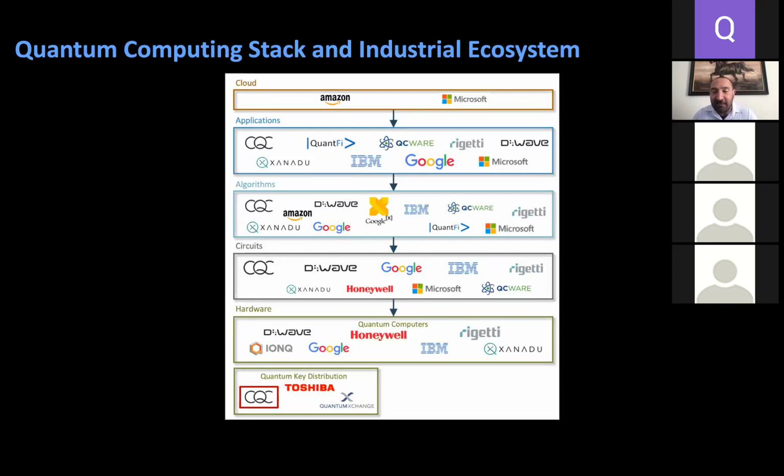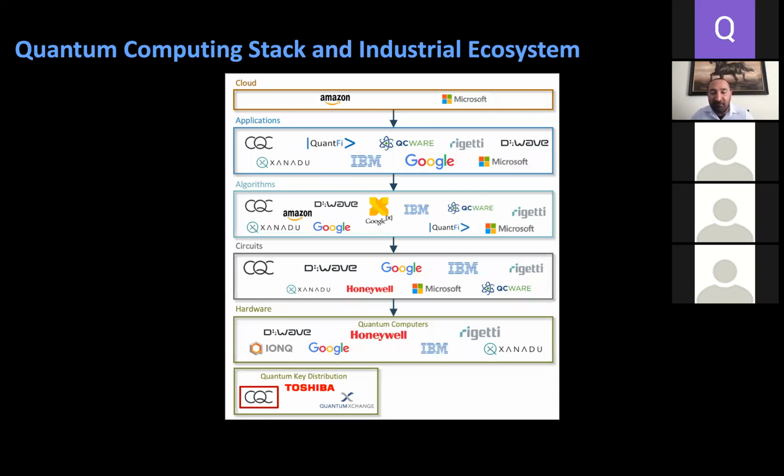I want to say a disclaimer here: I may not have included all the companies, I may have forgotten some, and some companies may appear at different levels. But I think this is a good overview, based on what I've seen of companies working at different levels. So at the cloud point, we have Amazon and Microsoft.